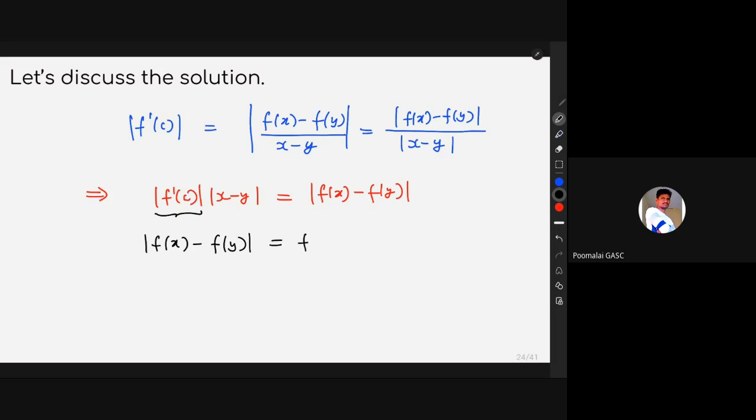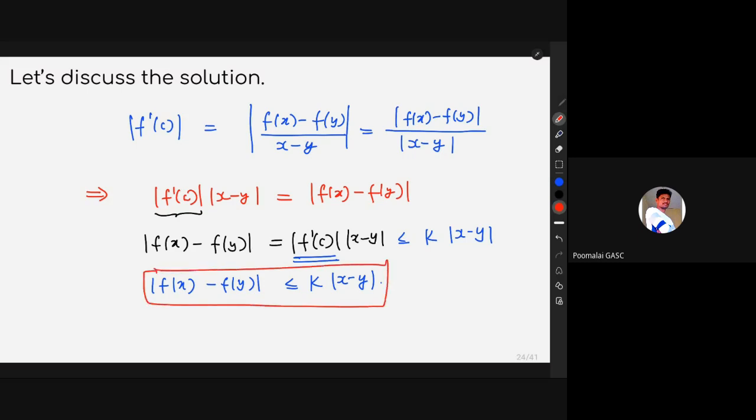This is equal to the modulus of f prime of c times (y minus x) or (x minus y), however we would like to write it. Now this quantity, we know it is smaller than k. So we use that bound to say that this is smaller than this quantity. So in particular, what you have obtained is this. Let me square it up, put it in a nice box.